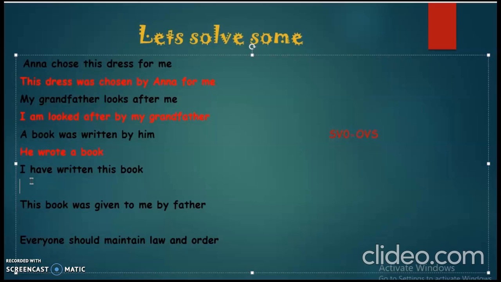Okay guys, now tell me what tense is here. Have written, past tense. So we also have to write in past tense. So it will be this book has been written by me, right? This book has been written by me. Correct?